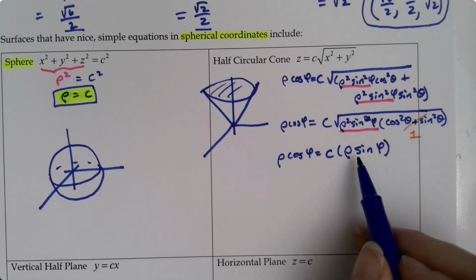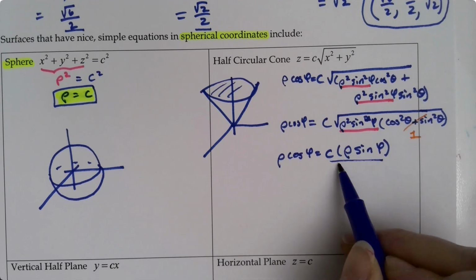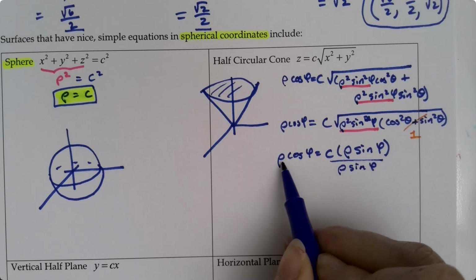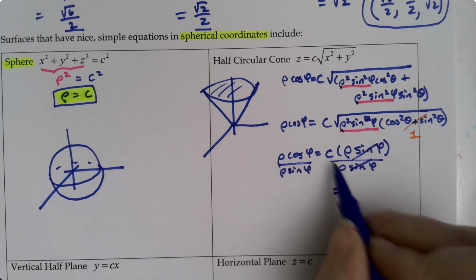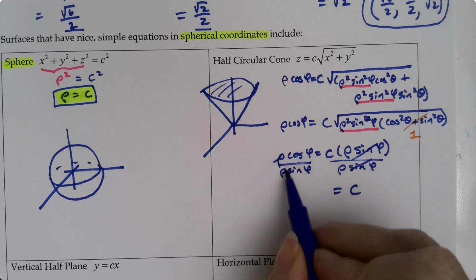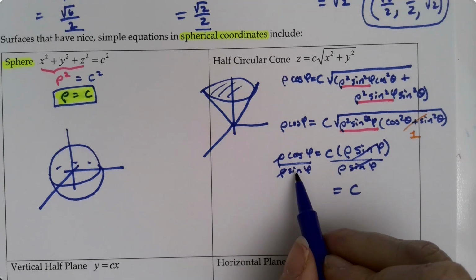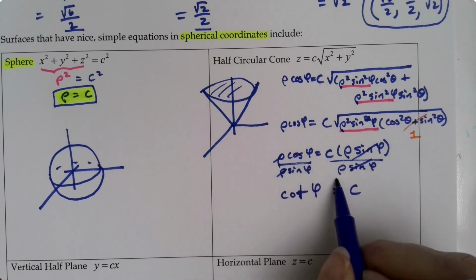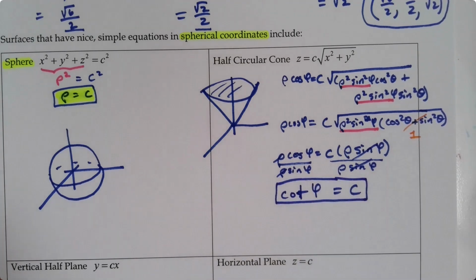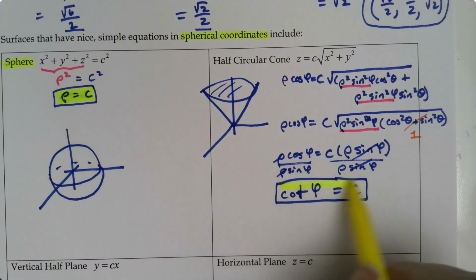So let me divide both sides by rho sine phi. Over here, all that's left is the constant. The rhos cancel. We're left with cosine over sine, which is just cotangent. So if the cotangent of phi is equal to a constant, that is a cone.